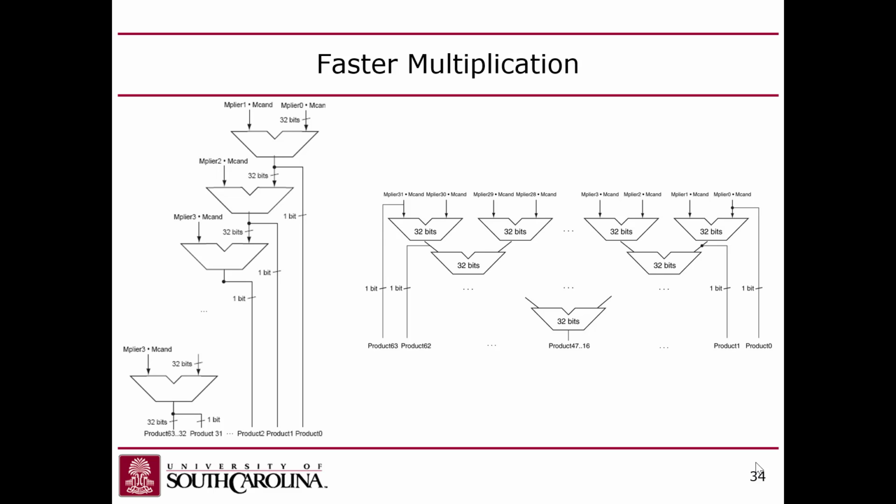This is from the Hennessy and Patterson textbook. This is an optimization where, instead of this style that the book for this class is showing, you can rearrange those adders and build it as a tree, and then you only have to go through a log base 2 number of adders. I just thought I'd show that. It's not that important. You don't have to know that for the final.